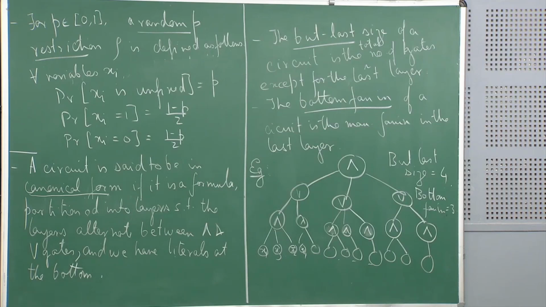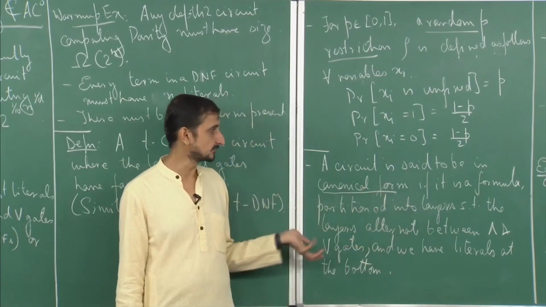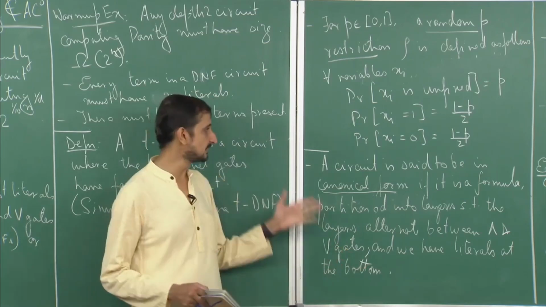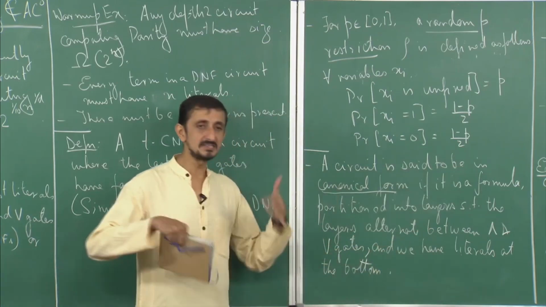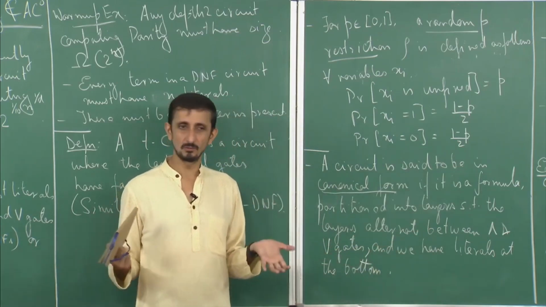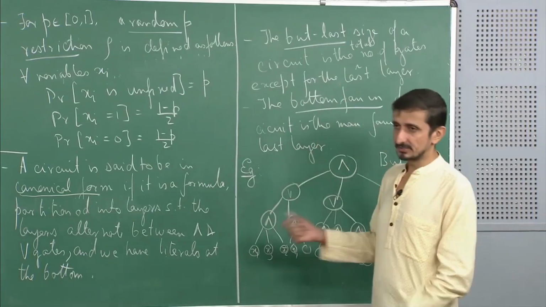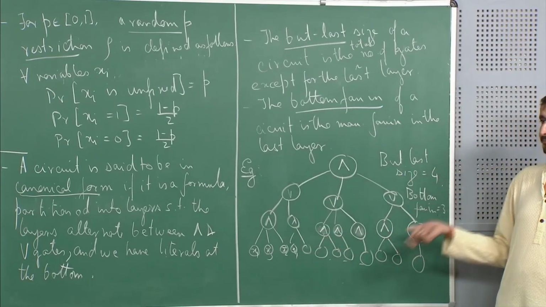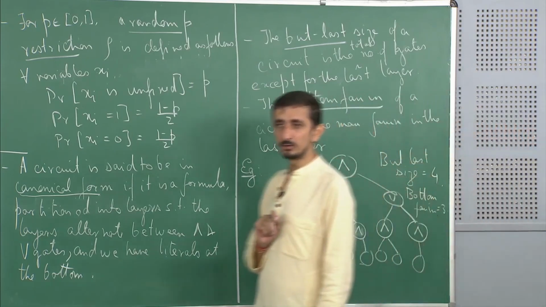Now, the question is, can we transform any circuit to a circuit in canonical form? The answer is yes. You can convert any circuit into a formula, and then given the formula you can always make sure it is layered in this manner. Now, the point is how much is the blow up in size, that is what we are concerned about. If the depth is constant, then the blow up in size will just be polynomial. If the initial size was some m, then the final size will be some m times n to the power k.